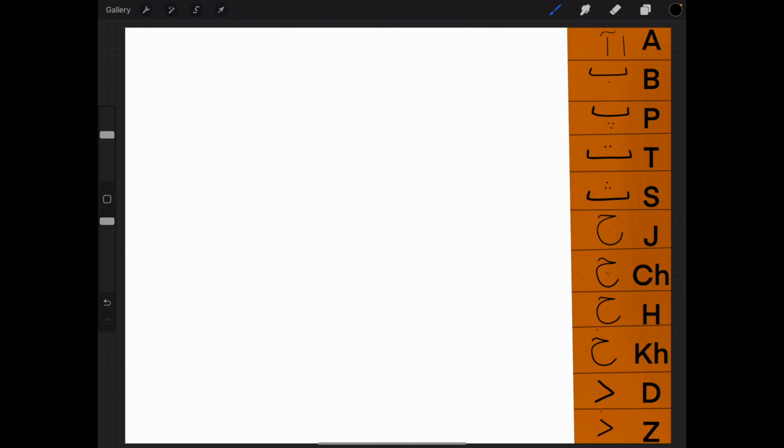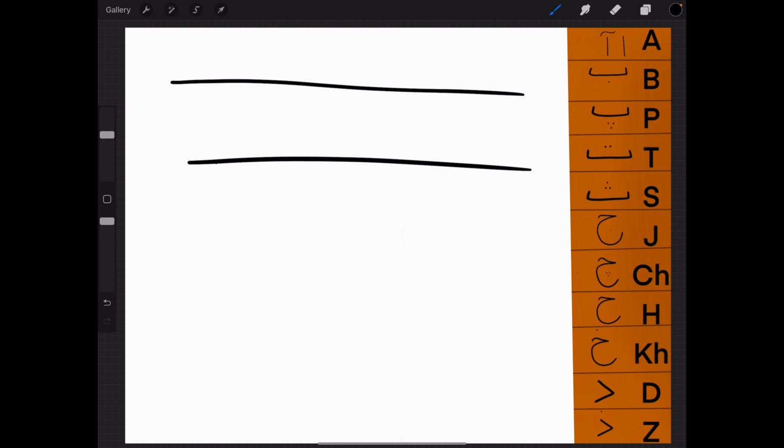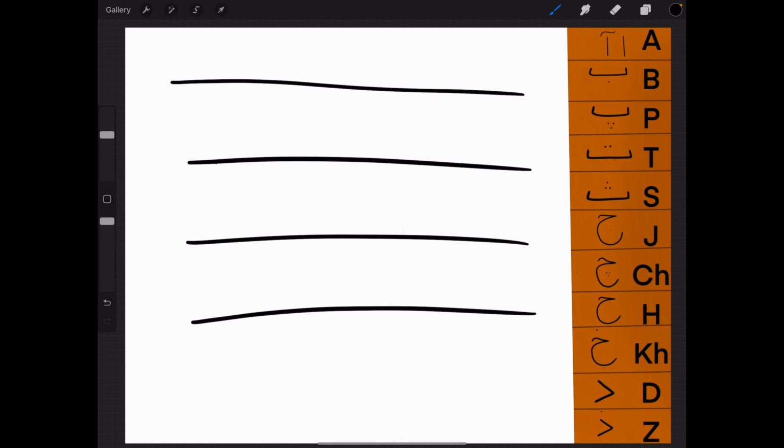Now, just a tip on how to practice these letters. You just watch the video, and as you watch each letter, try to write that letter at least for 5 lines. So if you're practicing the letter Bay, for example, and you've got lined paper, try to write that same letter at least 5 lines.